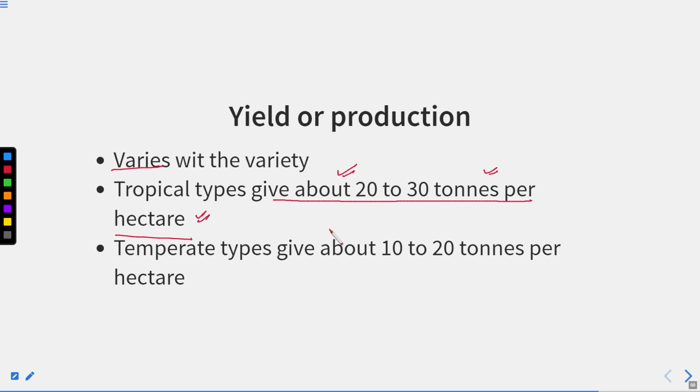And the temperate type gives about 10 to 20 tons per hectare. So this is the yield of the carrot. If you see the temperate and the tropical, it varies. The tropical has 20 to 30 tons per hectare, whereas the temperate has just 10 to 20 tons per hectare.